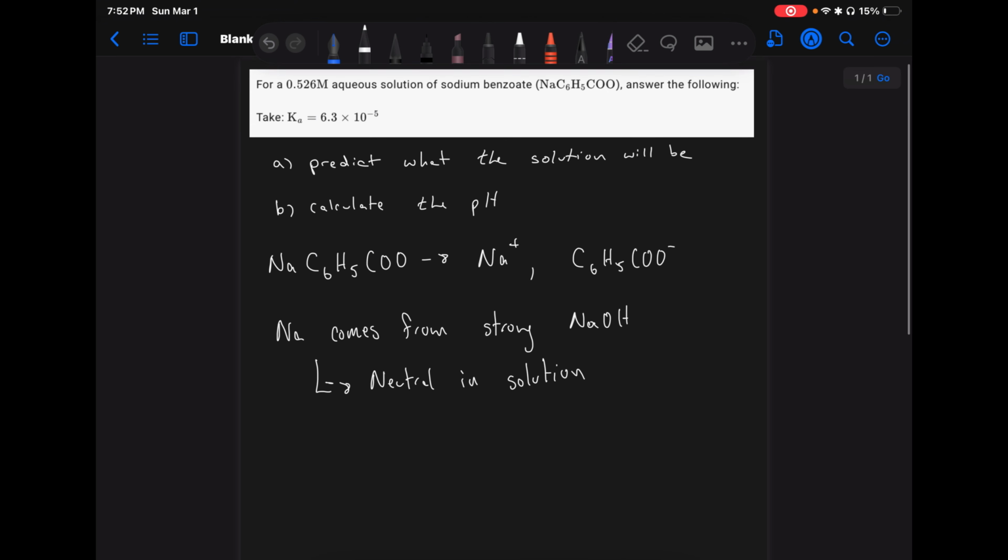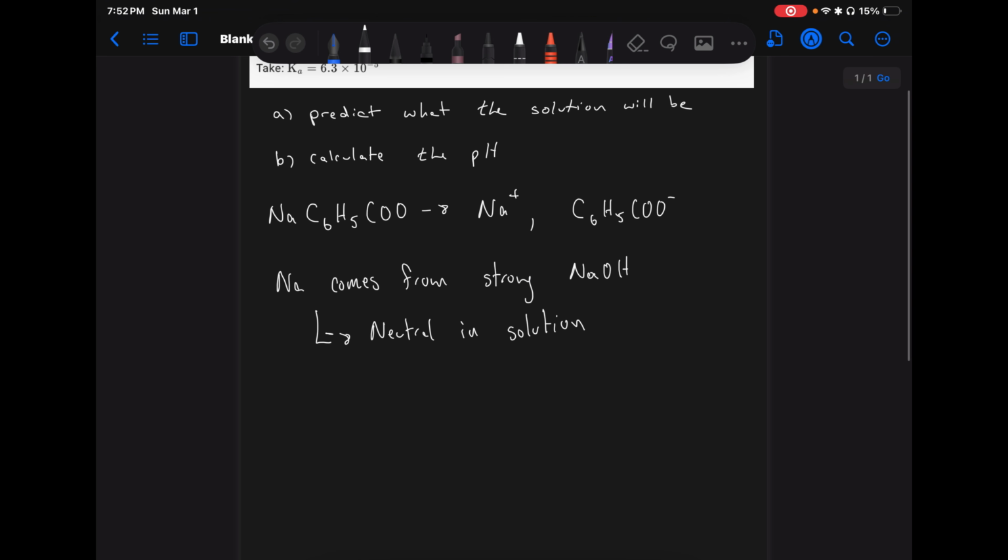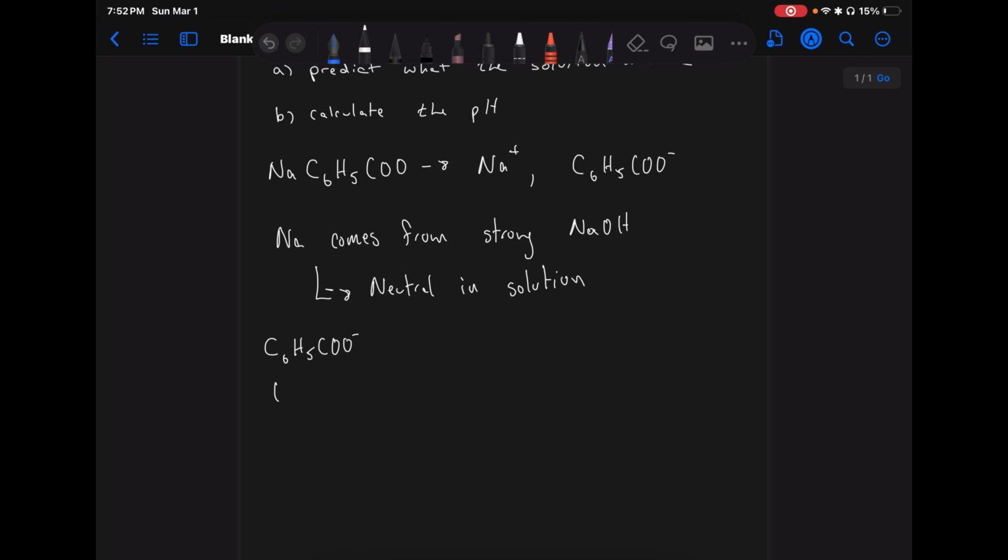So the pH, or the acidity, will just depend on the presence of C6H5COO-. This is the conjugate base of the weak acid C6H5COOH.